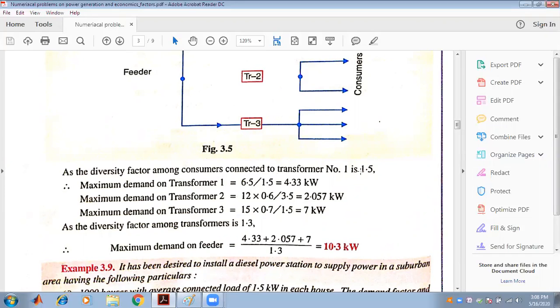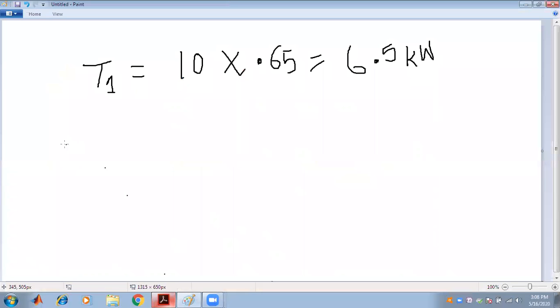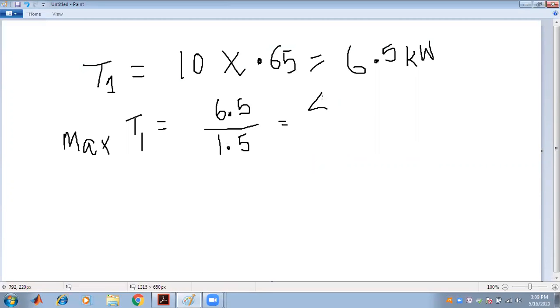So the maximum demand on transformer 1 can be found as 6.5 divided by 1.5, which is 4.33 kilowatt. This is the maximum demand for transformer 1.